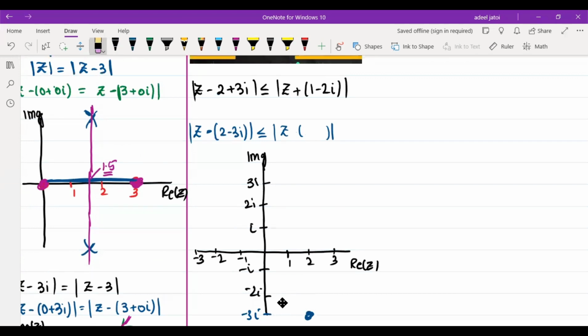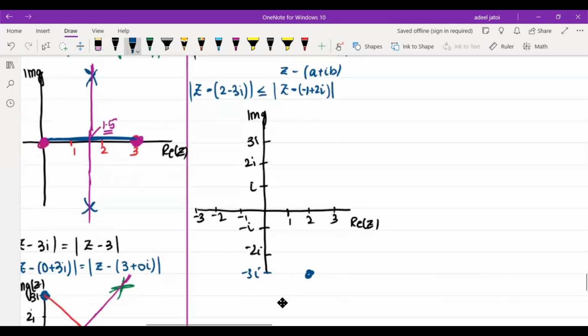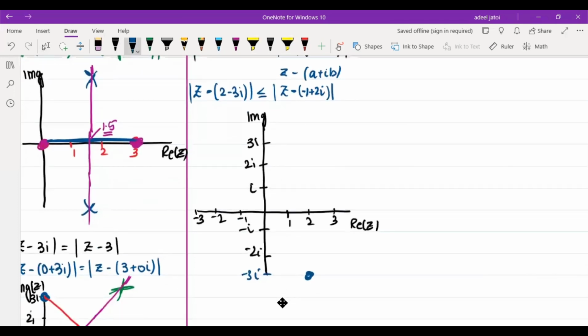So we will have negative 1 and positive 2 iota, because of the general form z minus a plus iota b. Now the second point will be minus 1 and 2 iota. So this will be your second point.